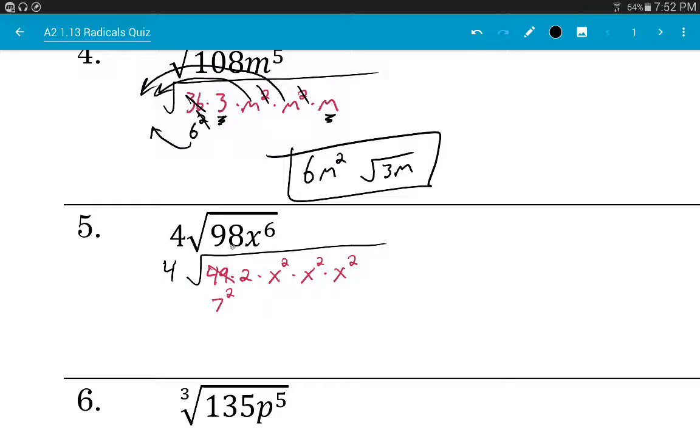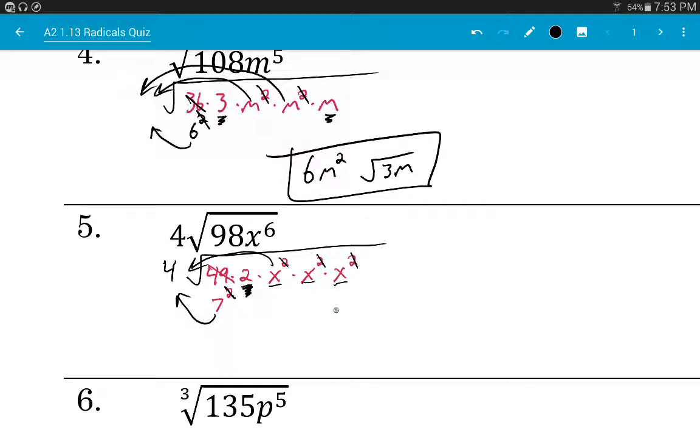Remember, the square root is like a bouncer, and he's only going to let you in if you have a 2. That's your invitation. So hand over your 2. So let's see, the 7 and 1, 2, 3 x's are all going to get to come out. And who's going to be stuck? Just the 2.